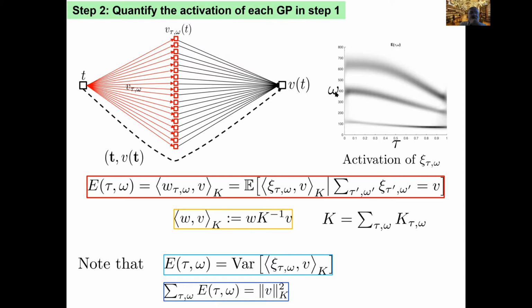And this is what this activation energy looks like as a function of time and frequency. And it essentially reveals the presence of 3 coarse modes in the signal. And these are the modes that we are trying to recover.